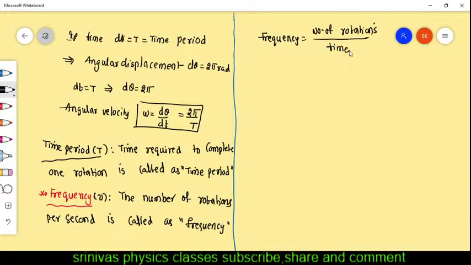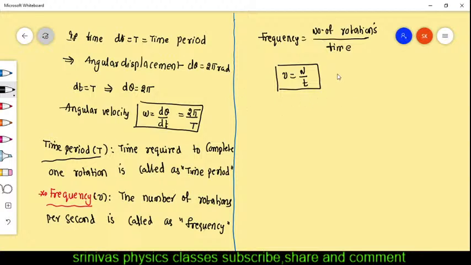Number of rotations per second. This formula, frequency is equal to n by t. We can write like this.